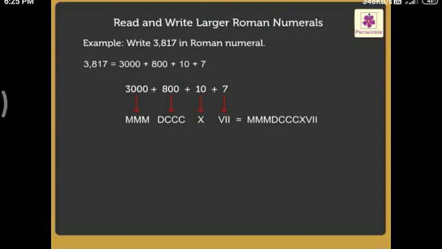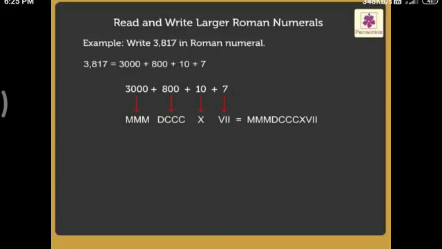It becomes easy to write. 3817 equals 3000 plus 800 plus 10 plus 7. We know the value for 3000 is MMM. For 800, DCCC. For 10, X. Then for 7, VII.